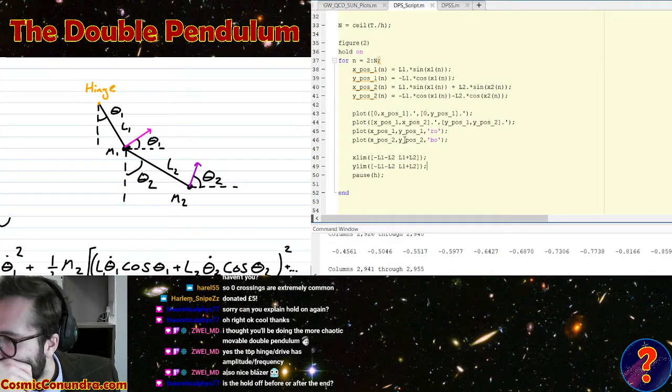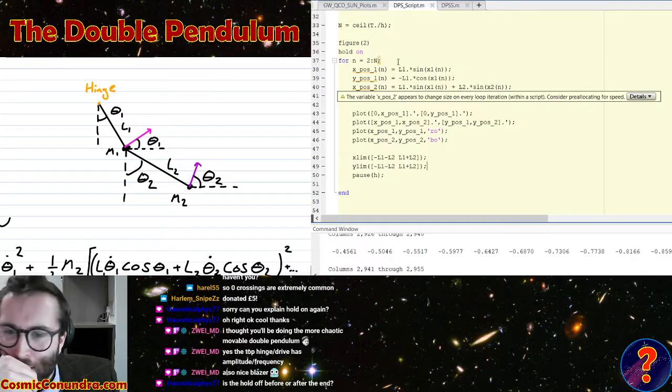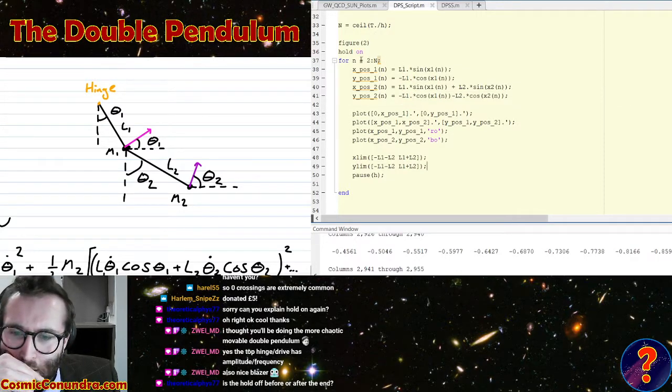I don't think it should actually make a difference. It should just open the window, then start doing the plotting. Also, this should be a 1, but I don't suspect that will make any difference.